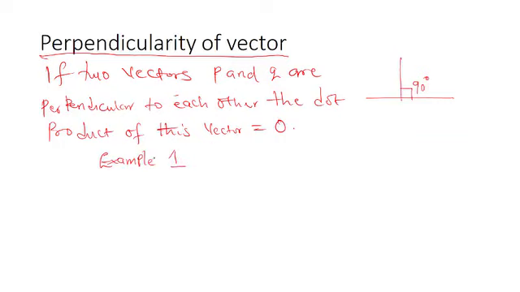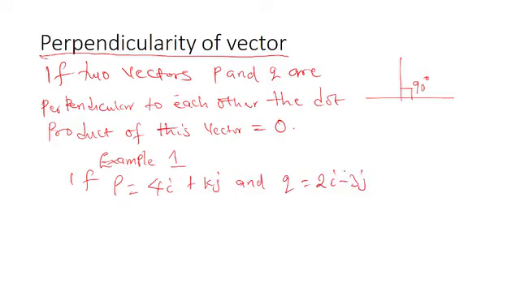Example 1. Now they say if P is equal to 4i plus kj and Q is equal to 2i minus 3j.